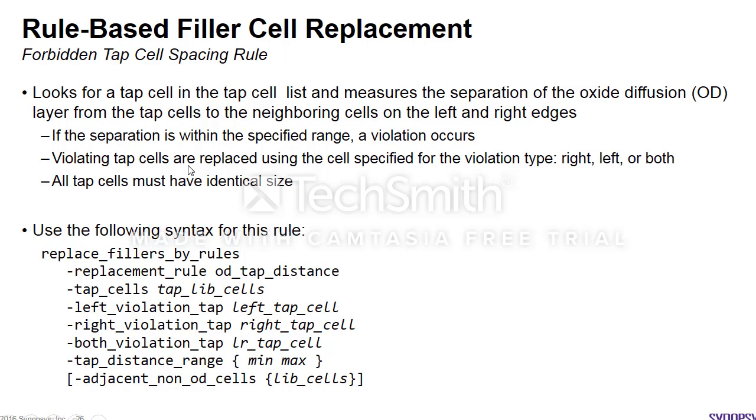Look for a tap cell in the tap cell list and measure the span of the OD layer from the tap cell to the neighboring cell on the left and right edge. This is the forbidden tap cell spacing rule. This is all similar to the vertical.